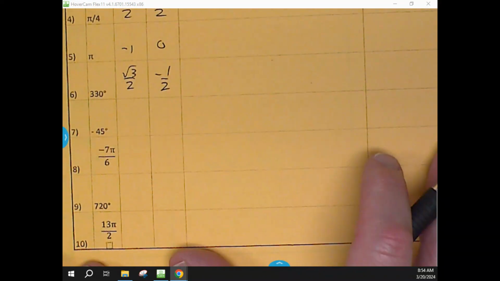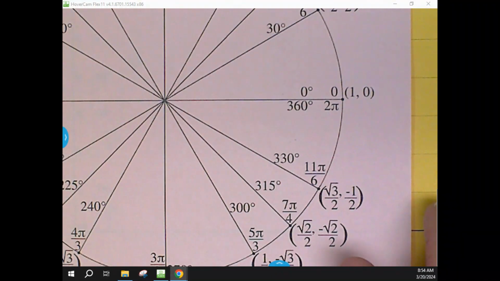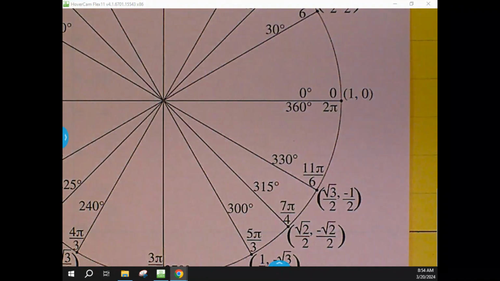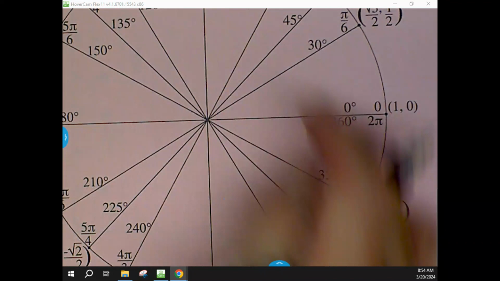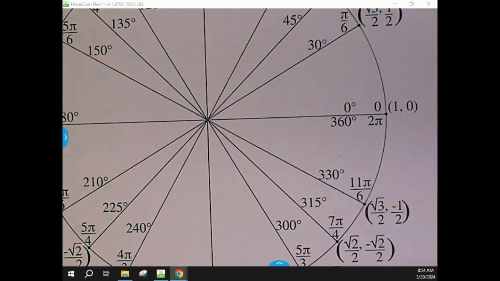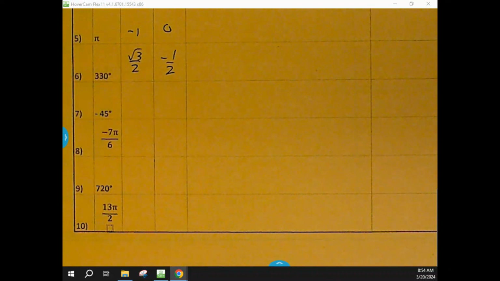All right, now here's where we go back to what we were doing yesterday with the negative numbers. If it's negative 45, negative 45 is not on the list, correct? But what we said yesterday was that everything on the unit circle has to be between 0 and 360. This is where we need to make it a coterminal angle. So if it's negative 45, we've got to add 360 to it.